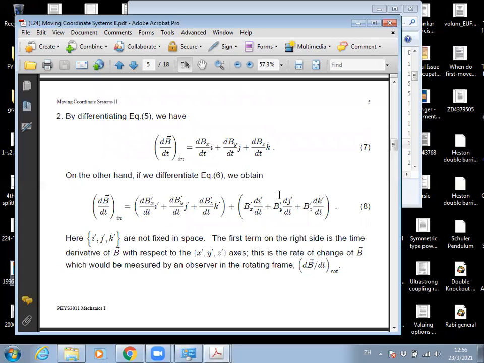Okay? Now, if you sit inside the rotating frame, you will measure this. Okay? If you want to communicate with another observer in the inertial frame, we have to add this. This gives you the difference between the two measurements. All right.